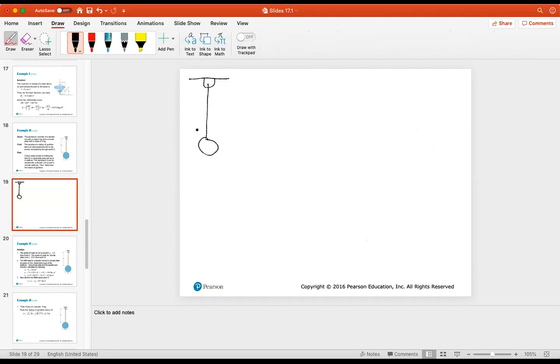There's a disc here, and we're told that this distance is 2 meters, and this distance is 1 meter, and the mass of the rod is 2 kilograms, and the mass of the plate or disc is 4 kilograms.